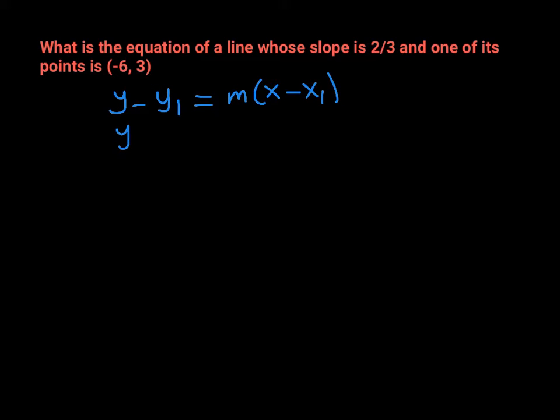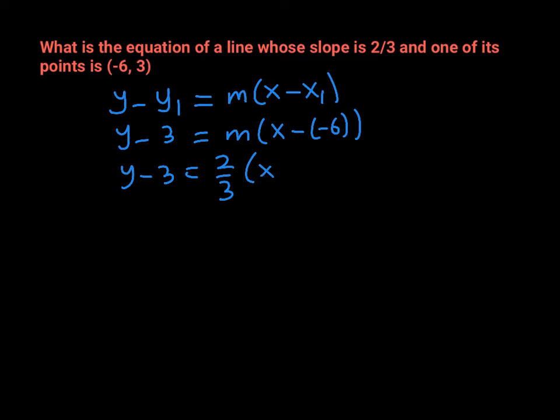So that is y minus 3 is equal to m into x minus negative 6. But we also have the slope, which is m, so we can plug in m too. So this is y minus 3 is equal to 2 over 3 into x plus 6.